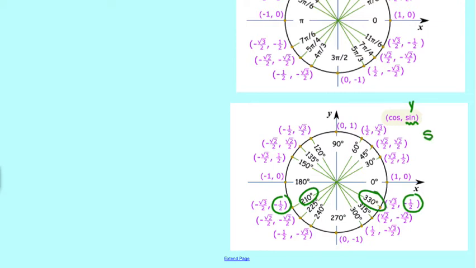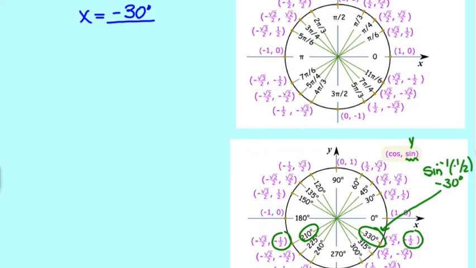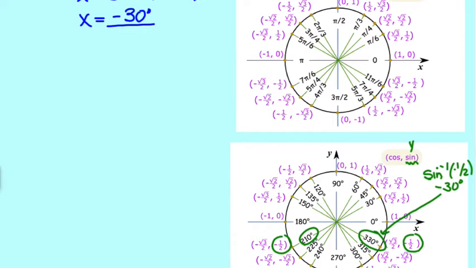Remember our inverse trig, when we plugged it into our calculator, we got negative 30 degrees. Is negative 30 degrees coterminal to 330 degrees? Yes. So our answer in degrees is 210 and 330, or if we asked you in radians, 7 pi over 6 and 11 pi over 6.